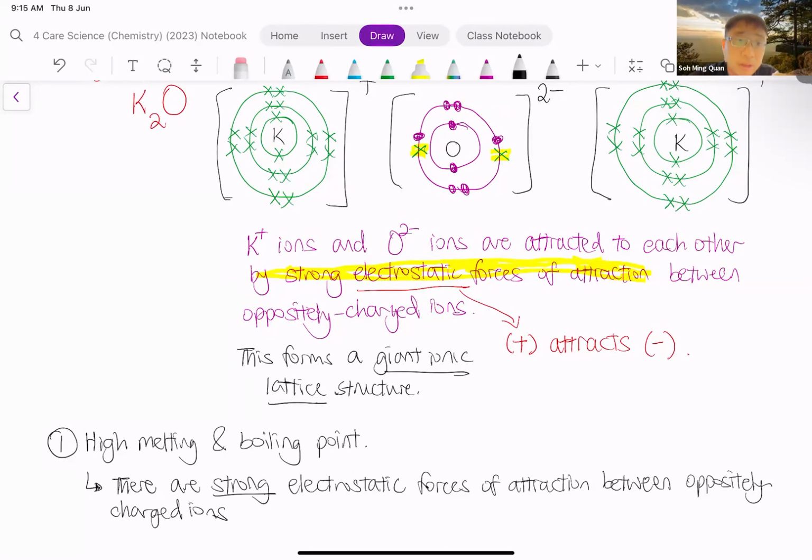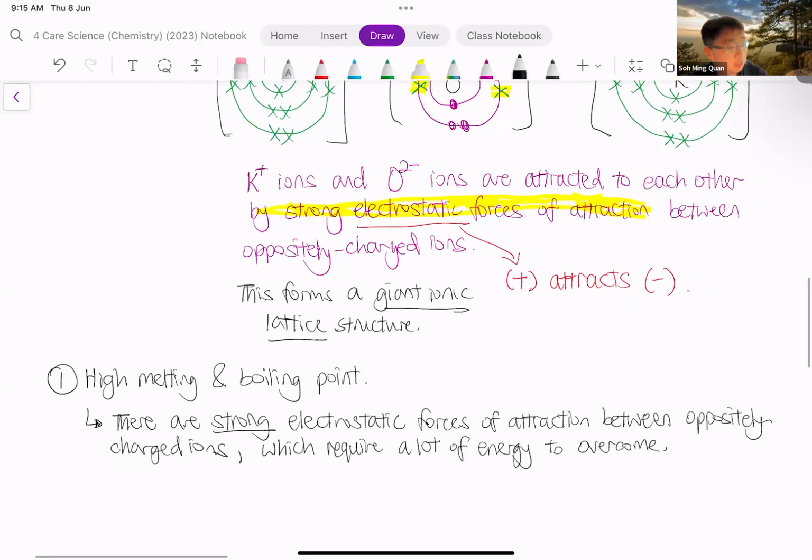Okay? Because we know that melting and boiling involves overcoming forces of attraction. So there are strong electrostatic forces of attraction between oppositely charged ions, which, if it's strong, it will require a lot of energy to overcome. Because it's strong, you need a lot of energy to overcome.